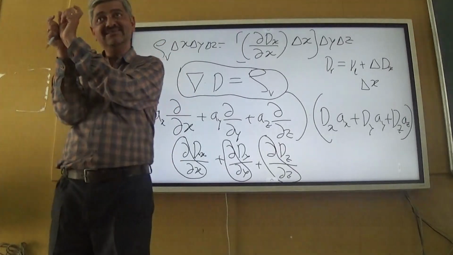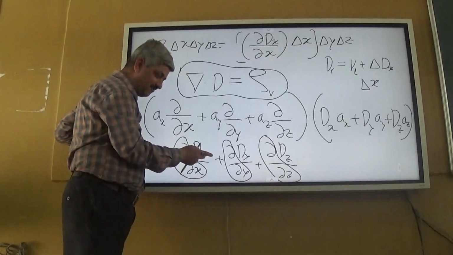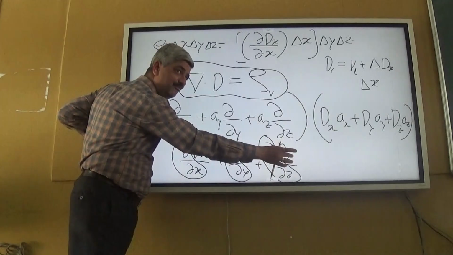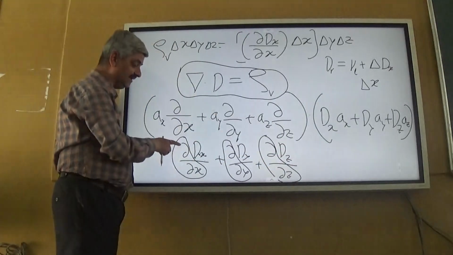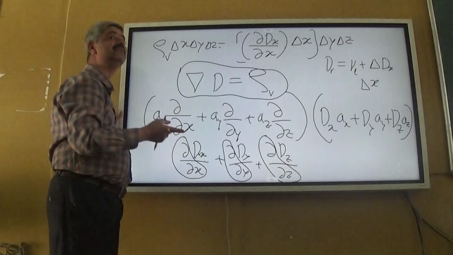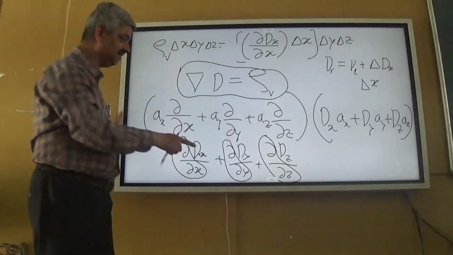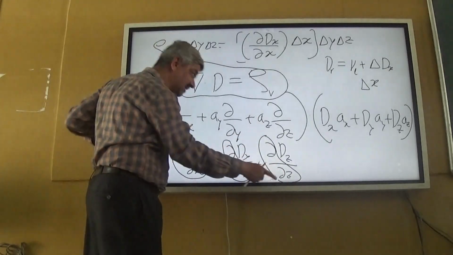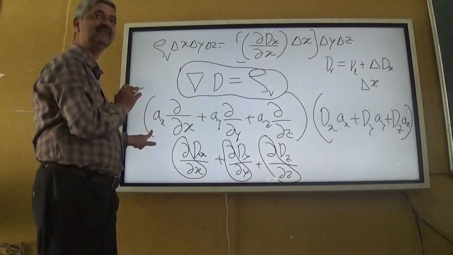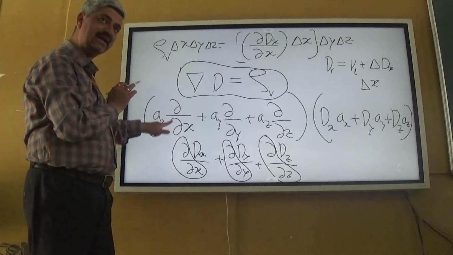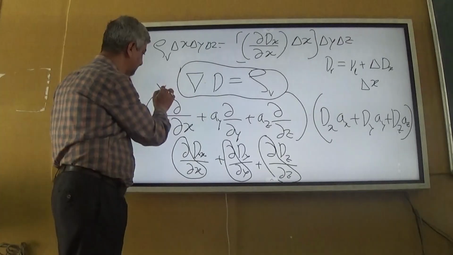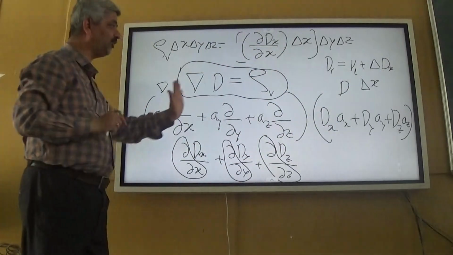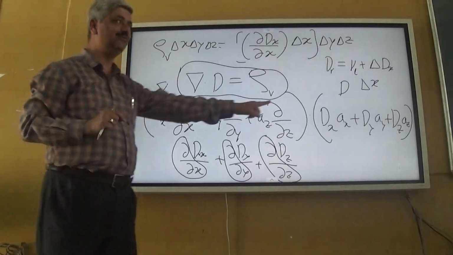Dx is the x component of D, Dy is the y component, Dz is the z component. Then dabba by dabba x is the x component of something, dabba by dabba y is the y component, dabba by dabba z is the z component, and that something is del. So this is del and this is D. Del dot D, so dabba by dabba x into Dx.